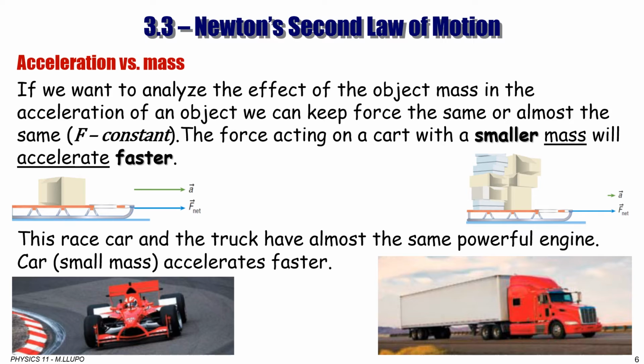So the accelerating force acting on those objects, race car and truck, is almost the same. However, we know that the race car is going to accelerate much faster compared to a truck because the truck has a much bigger mass.